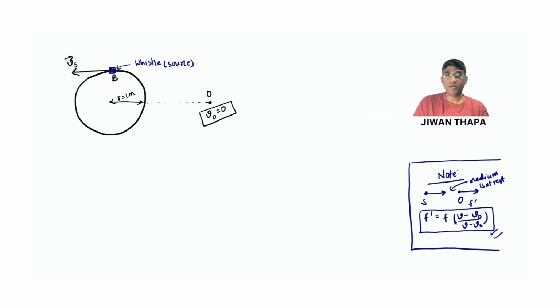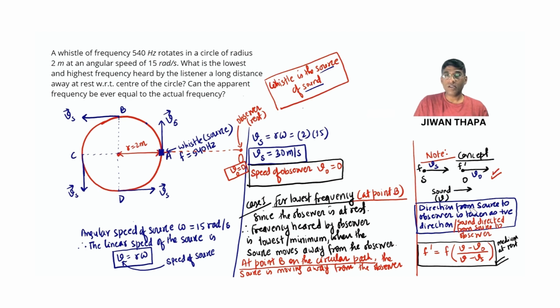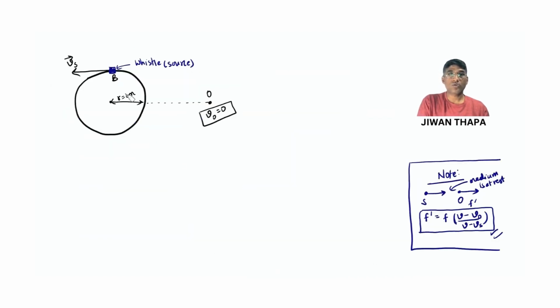So we are going to generalize this expression for this case. And we use this fact or convention, sign convention: direction from source to observer is taken as the positive direction. So we have source over here, direction from source to observer, so this direction. Let me draw in this way.